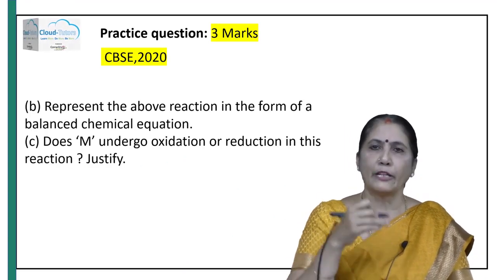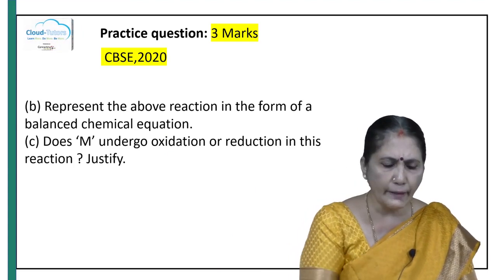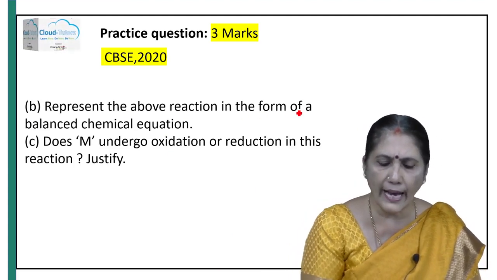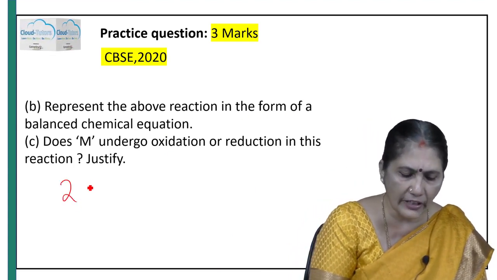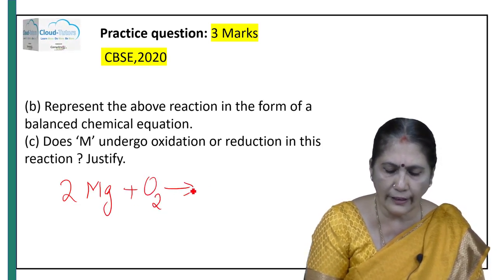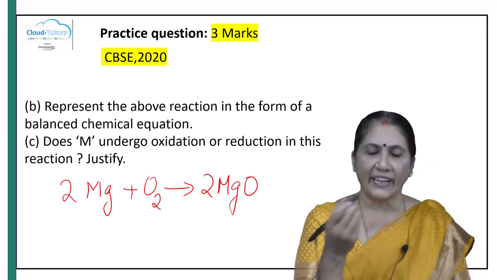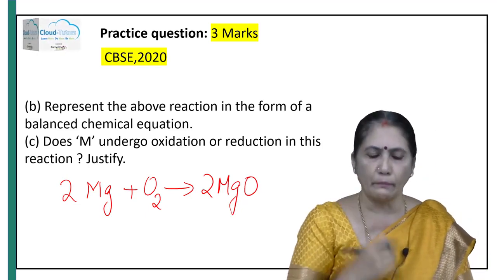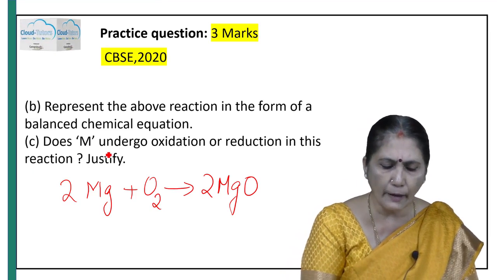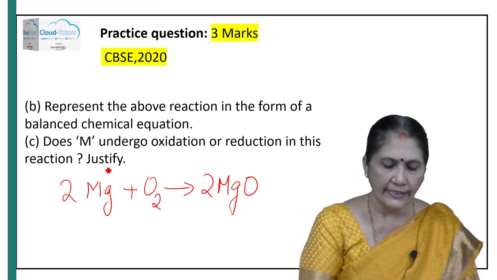Now, coming to the two more aspects of the same question. B. Represent the above reaction in the form of a balanced chemical equation, which we have already discussed. 2Mg plus O2 gives 2MgO. Finally, the third C subdivision. Does M undergo oxidation or reduction in this reaction? Justify.